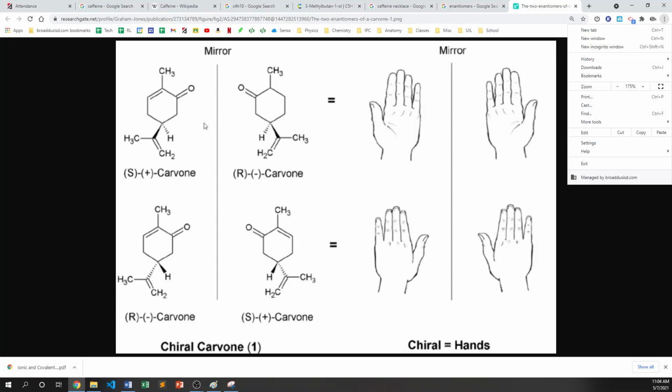If it's pointing away from the paper and I do a 180 degrees, it would be pointing toward us, right? If your thumb was pointing down and you do a 180 flip, it'd be pointing up. But they're still both pointing away from us. These are two totally different chemicals.